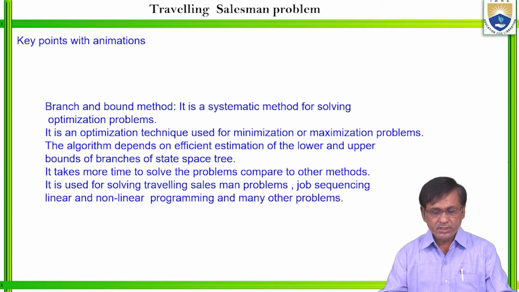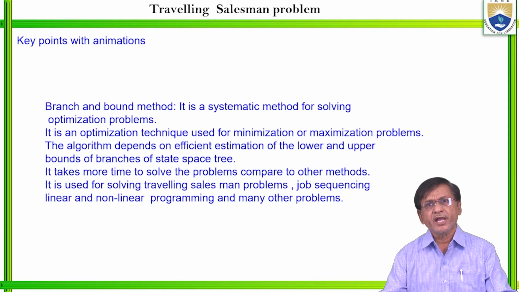Branch and bound technique is a systematic method for solving optimization problems. It is an optimization technique used for minimization or maximization problems. It depends on the efficient estimation of the upper and lower bounds of the branches of the state space tree.